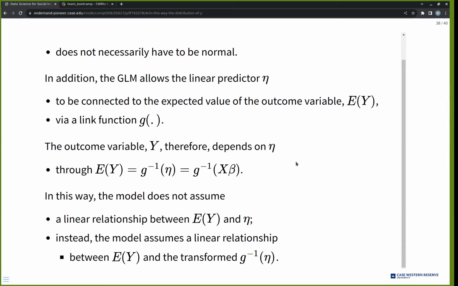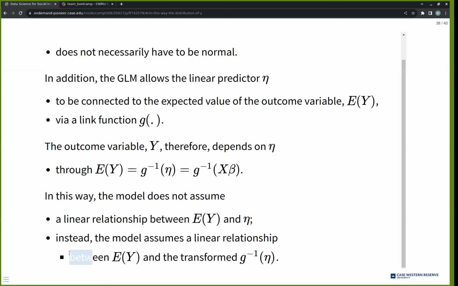So it essentially transforms. This is a lot of mathematics, but what you have to understand is that the model does not have to assume a linear relationship. It's not important for the response and predictor to have a linear relationship anymore. What it does is transform the relationship from your response and predictor to a new thing, eta. The model still assumes a linear relationship, but not between the response and predictor.